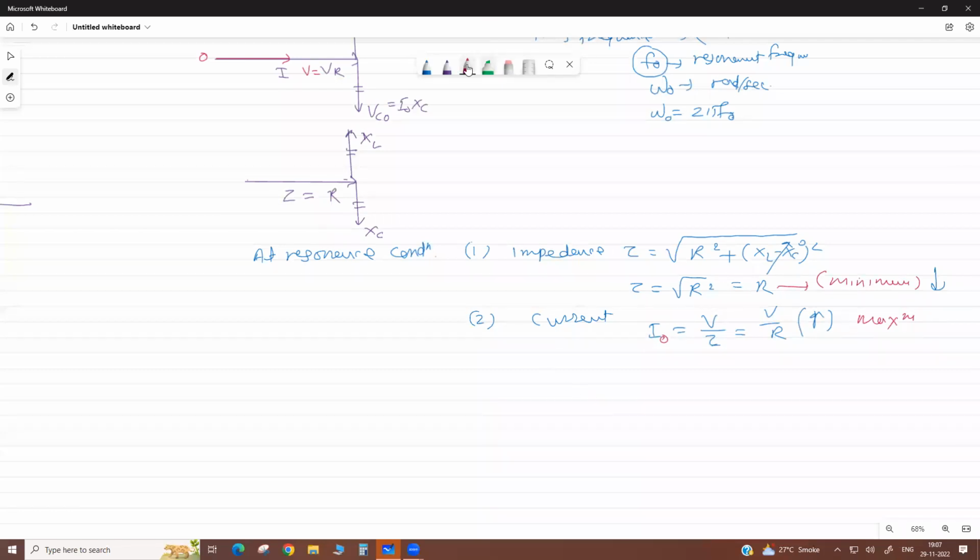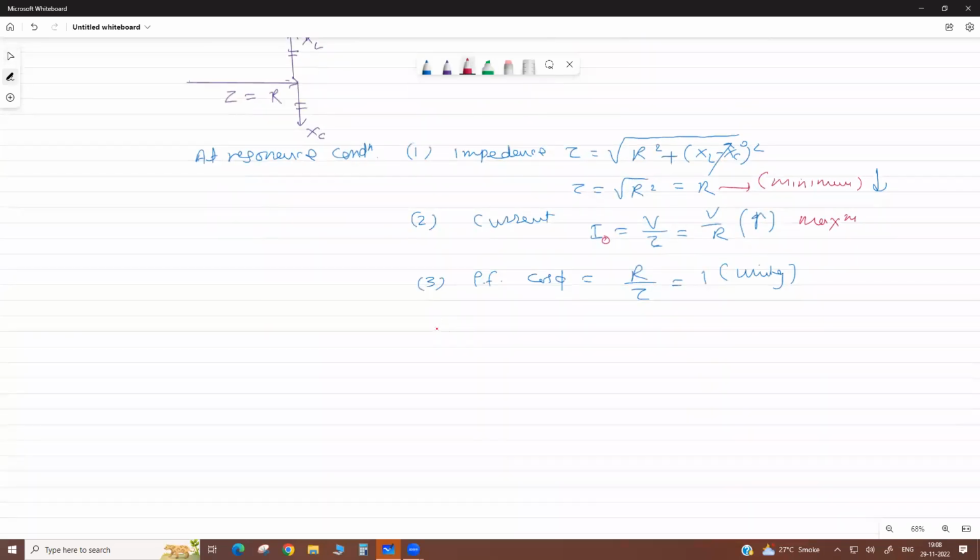Third, the power factor: cos phi is the ratio R by Z. Now R and Z are equal, so it is unity. So under resonance condition, your circuit behaves like a pure resistive circuit.